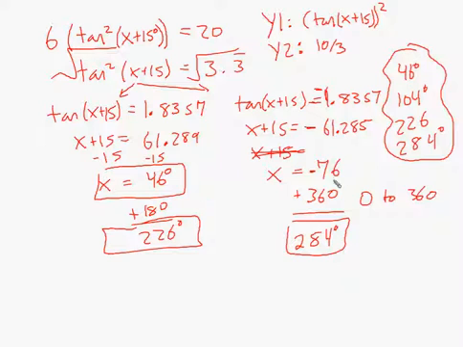And my reference angle here was 76. So if I want my quadrant 2 answer, I will subtract that from 180. So 180 minus 76 will give me my other answer, which is 104, since that one's in quadrant number 2. Okay? Alright, that's all the new stuff.